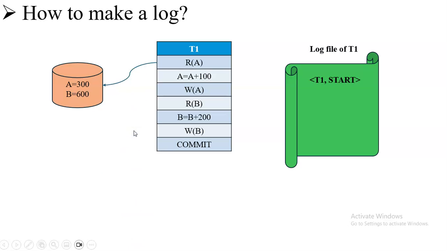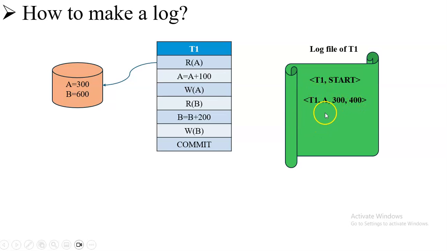Then A is equal to A plus 100, which means now the value of A is 300 plus 100, that is 400. Whenever we perform a write operation, a new log entry is maintained in the log file with 4 parameters: T1, A, 300 and 400. What do you mean by that?